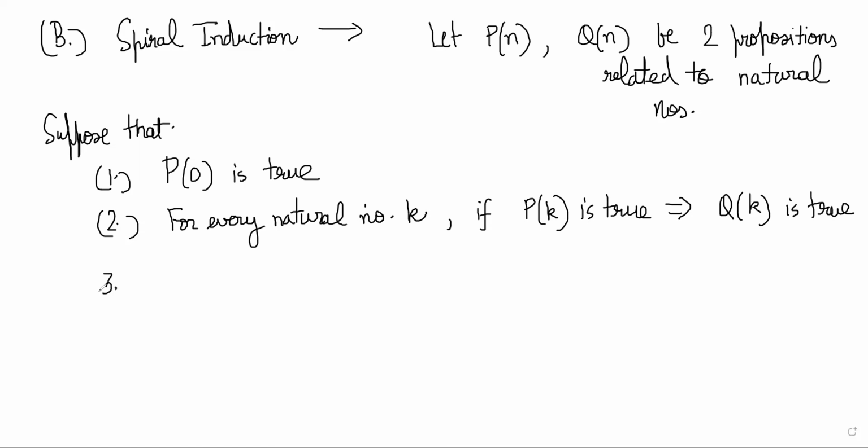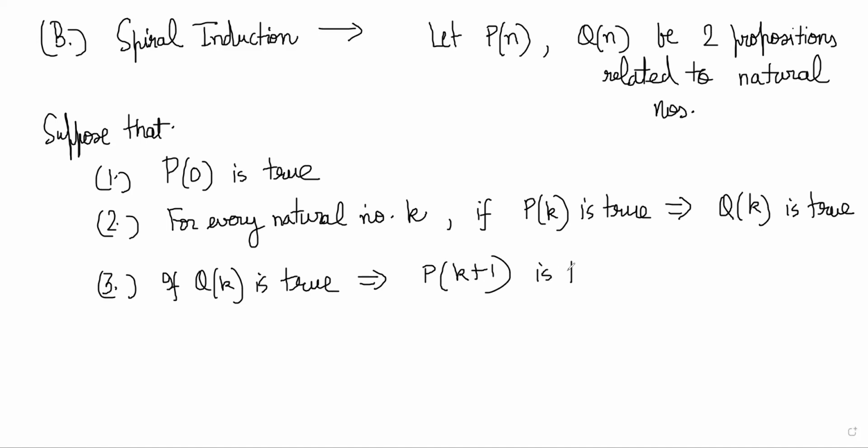And third, if Q of k is true, that implies that P of k plus 1 is true. If these three conditions are satisfied, then P of n and Q of n are true for all n.